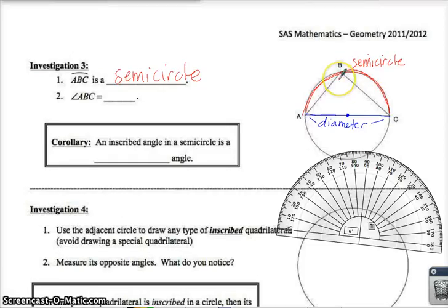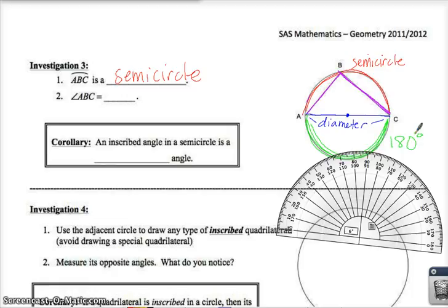Well, here's an inscribed angle. ABC is an inscribed angle, so therefore it must be half the measure of its intercepted arc. Well, if the red arc is a semicircle, that means that the other side, this green arc, must also be a semicircle. So a semicircle, we said, is 180 degrees. It's half a circle.